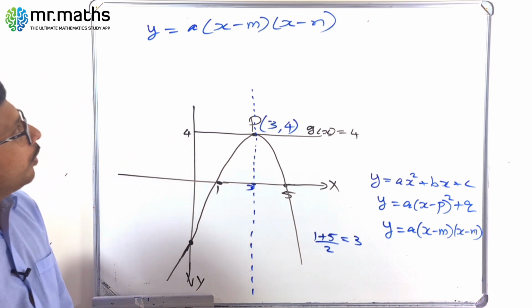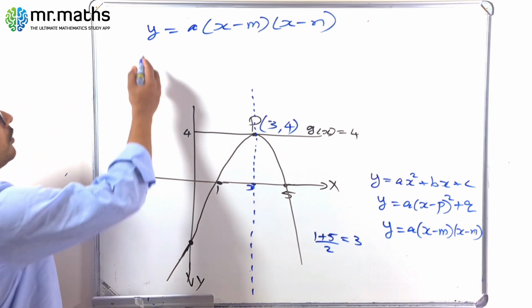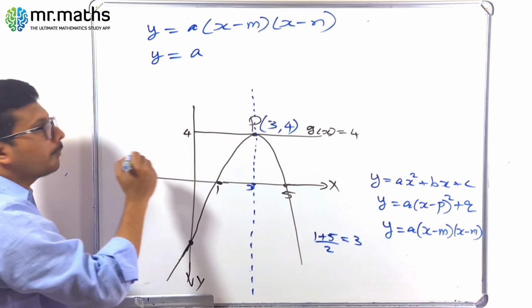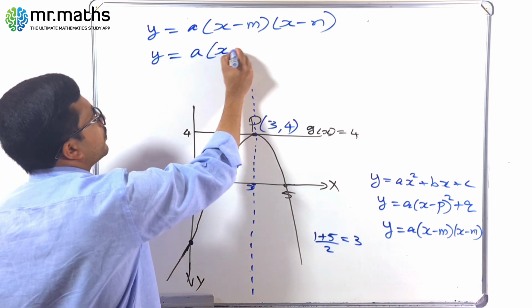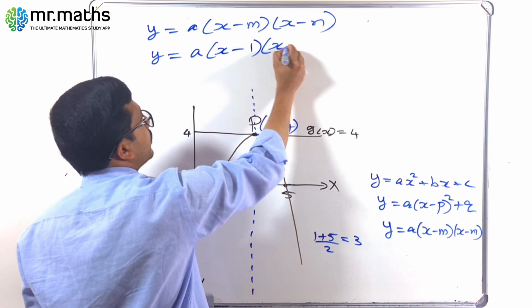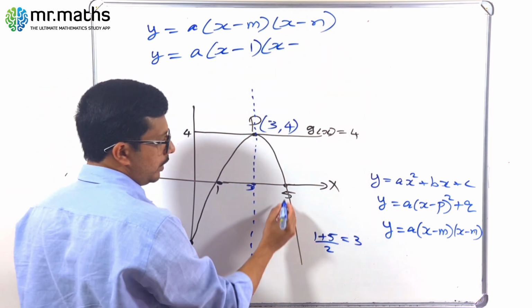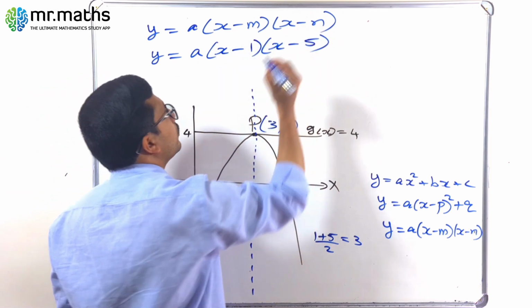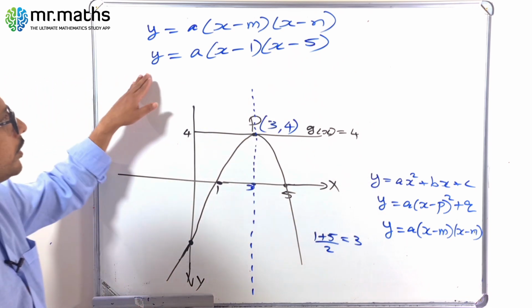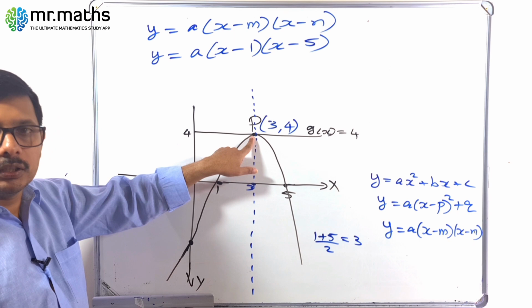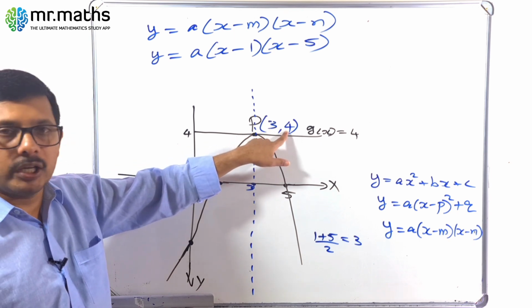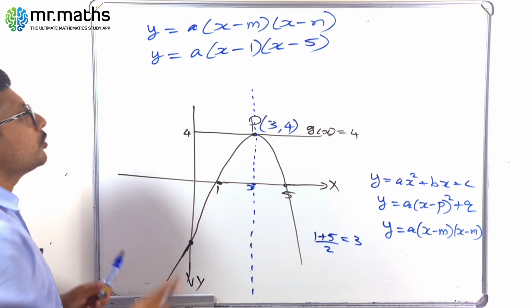Okay, so now let's start. Here y is equal to a, we don't know, into x minus m, the x-intercept 1, into x minus n, n is 5. Now do you know any point? Yes, now we know the turning point 3 comma 4. The x value is 3, y value is 4. So I'm going to substitute this point.